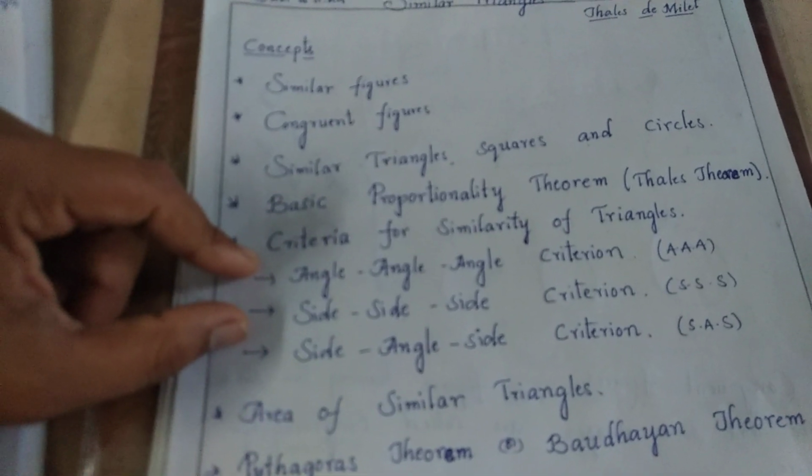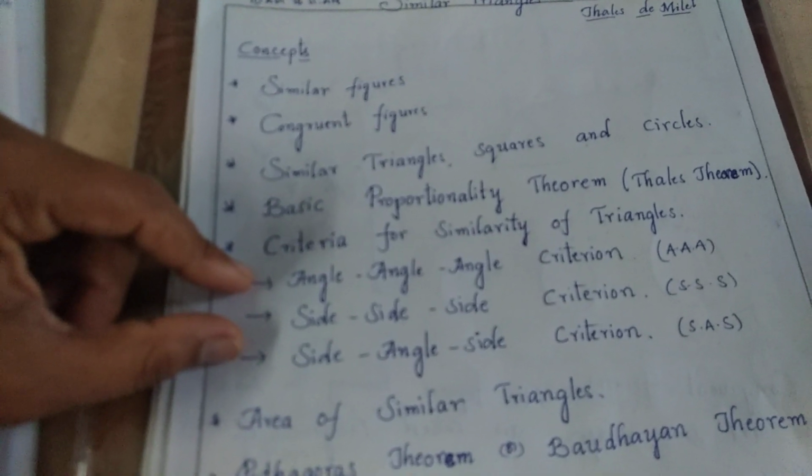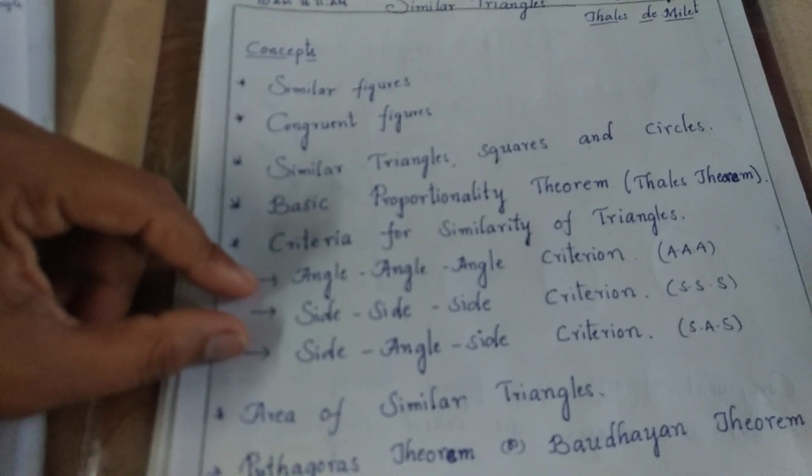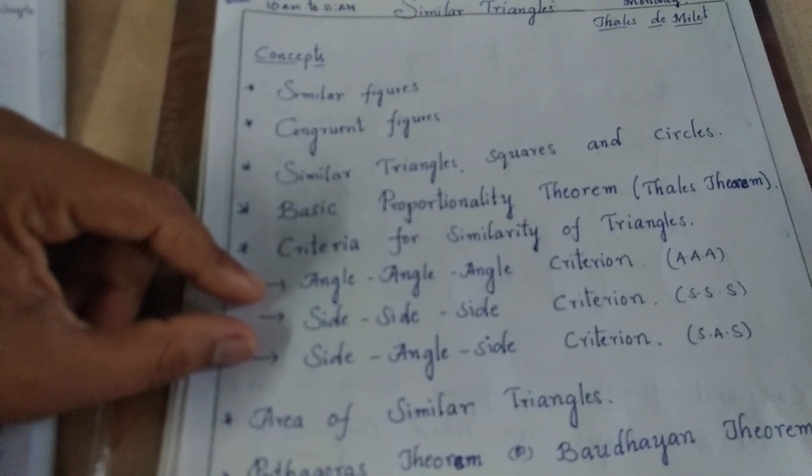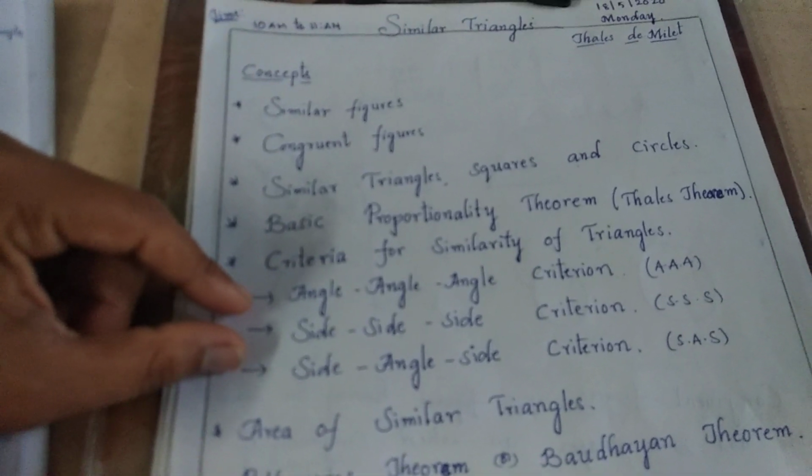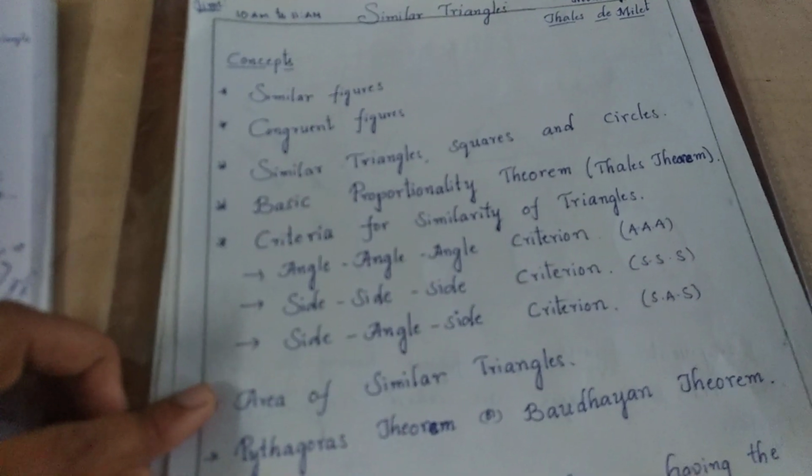These three criteria we already learned in the 9th class, only the statements. In 10th class the proofs are also there. Next one, area of similar triangles.